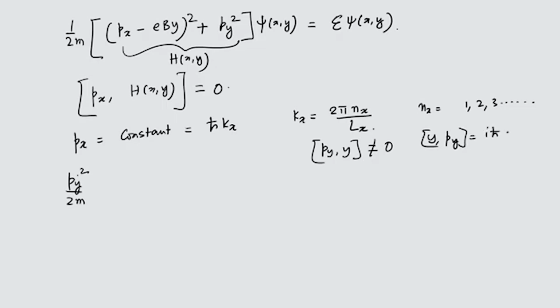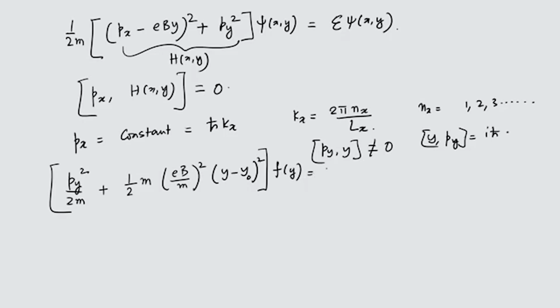For this reason Py is not constant, and I can then write down half m, and Eb over m squared, and y minus y0 squared. Now my wave function actually becomes a function of only one variable, that is y, because you see there is no x anywhere in the Hamiltonian. So I can write this simply as f of y, and this is equal to epsilon f of y.